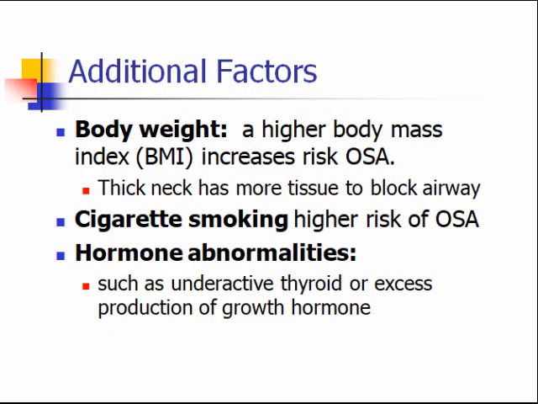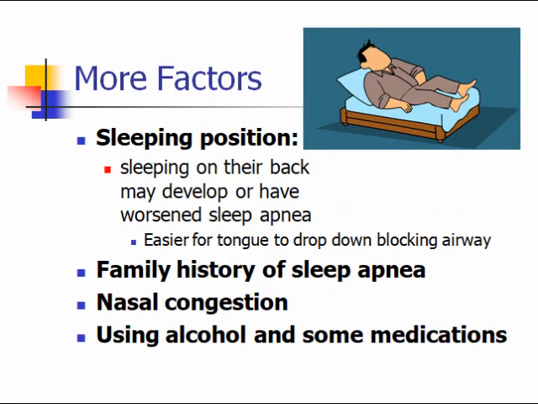Cigarette smoking can increase the risk of having it. Hormone abnormalities, such as thyroid or a production of growth hormones that is excessive, those things can increase our risk of getting OSA.